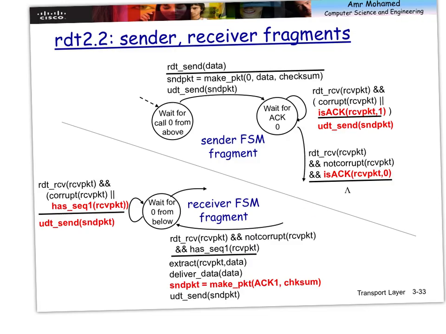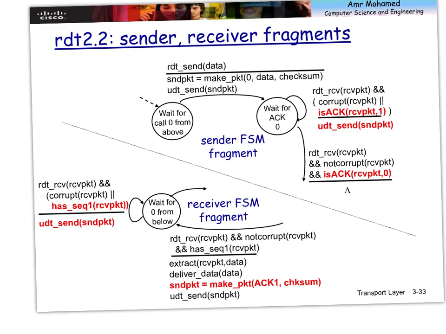It arrived and it's corrupted. So this tells you what? Send acknowledgement 0 again. The receiver will send acknowledgement 0 again to indicate to the sender to send segment 1 again. Understood now? Okay?